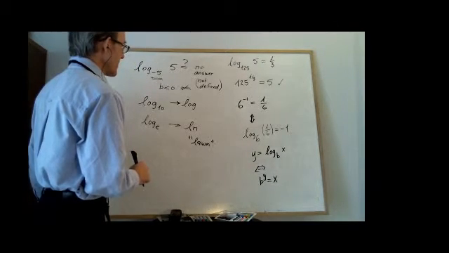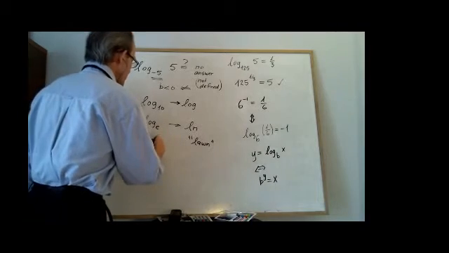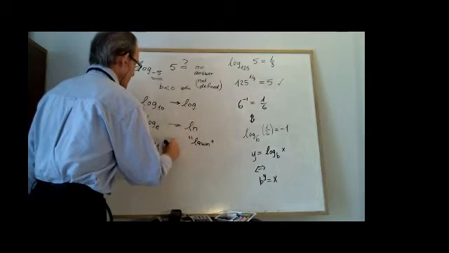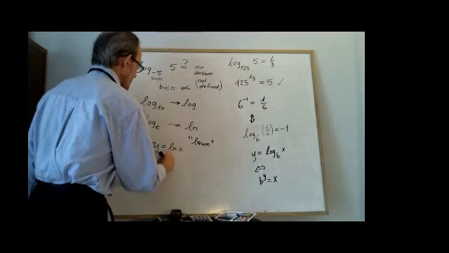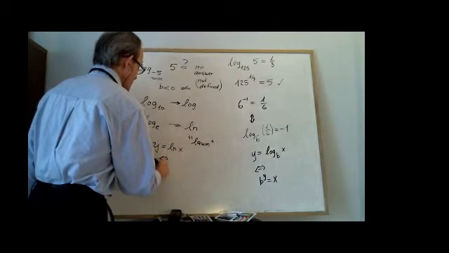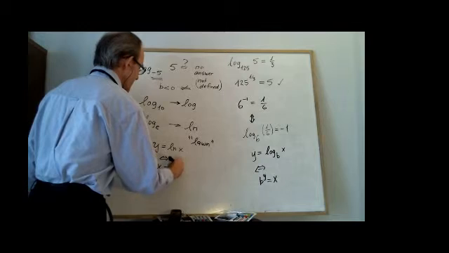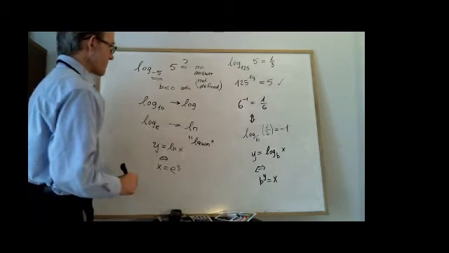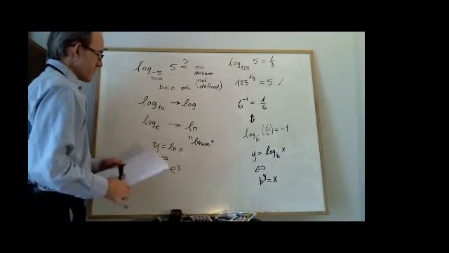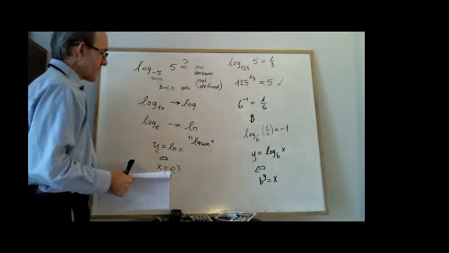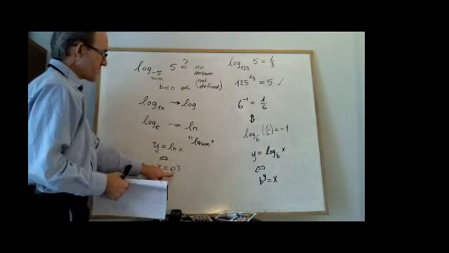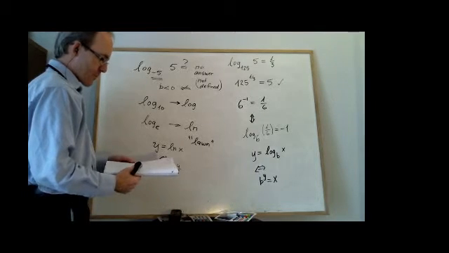Okay, so the ln function will be y is equal to ln of x. That's equivalent to x is equal to e to the y. All right, so it's the inverse function of the exponential function where the base is Euler's number.